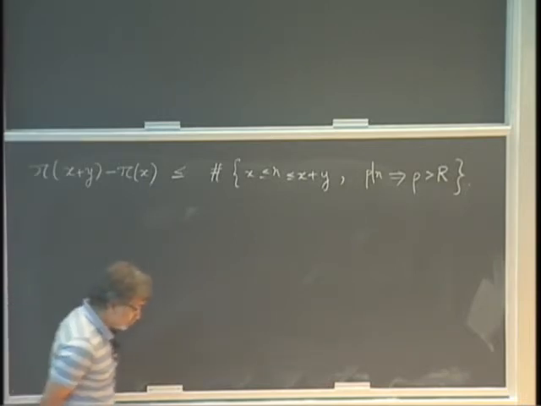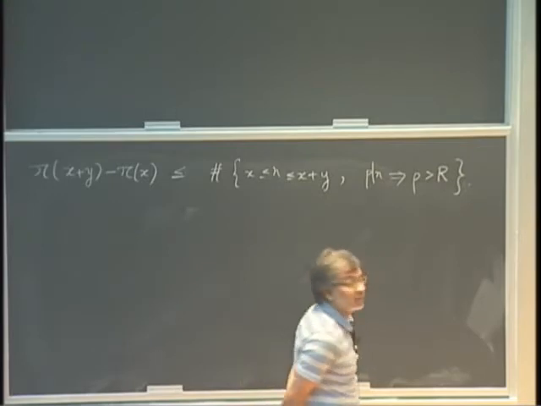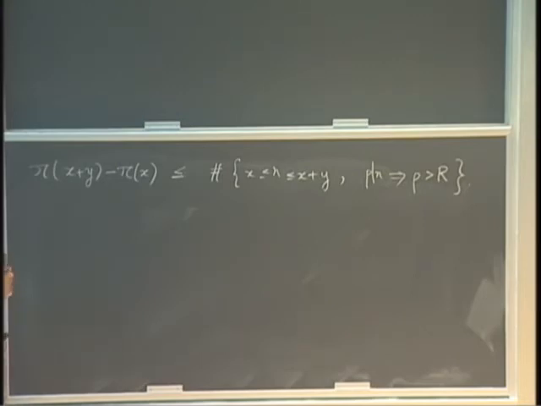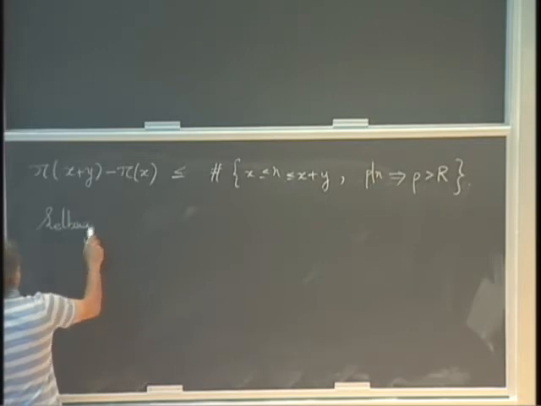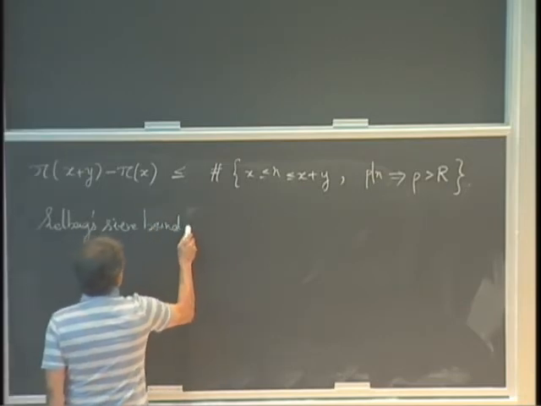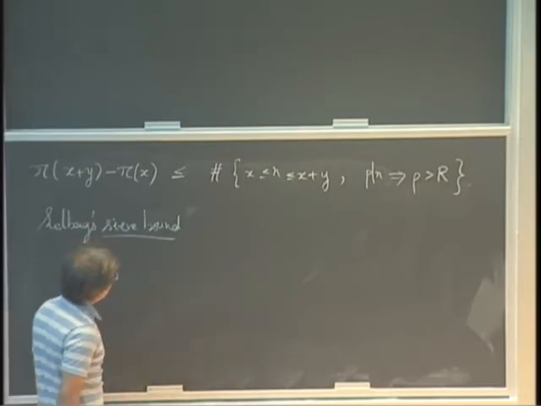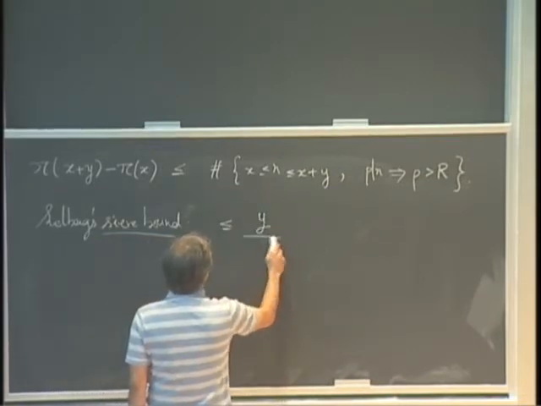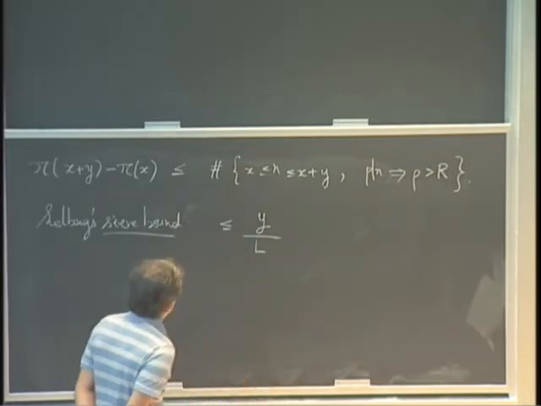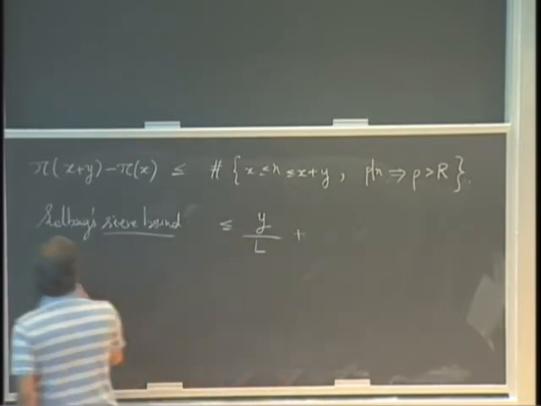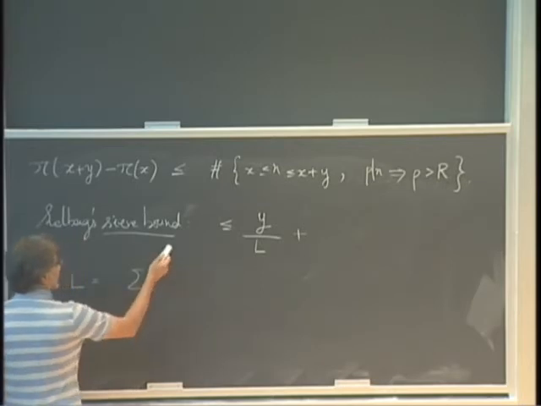We reduced this to the problem of minimizing a quadratic form while keeping a linear form fixed. And we arrived yesterday at the following bound, y divided by, maybe you can remind me if I get something wrong, y divided by L plus, so L was going to be something like the sum over, what did we have?